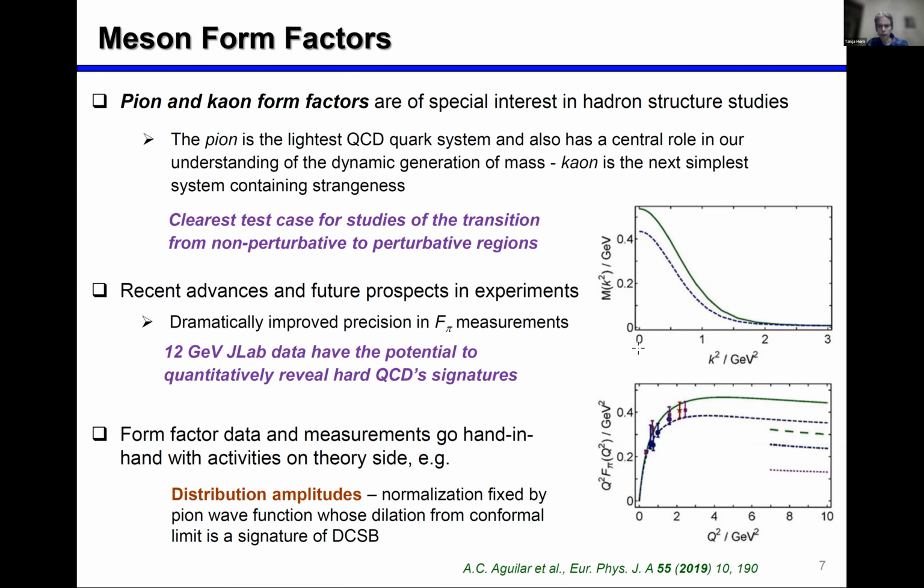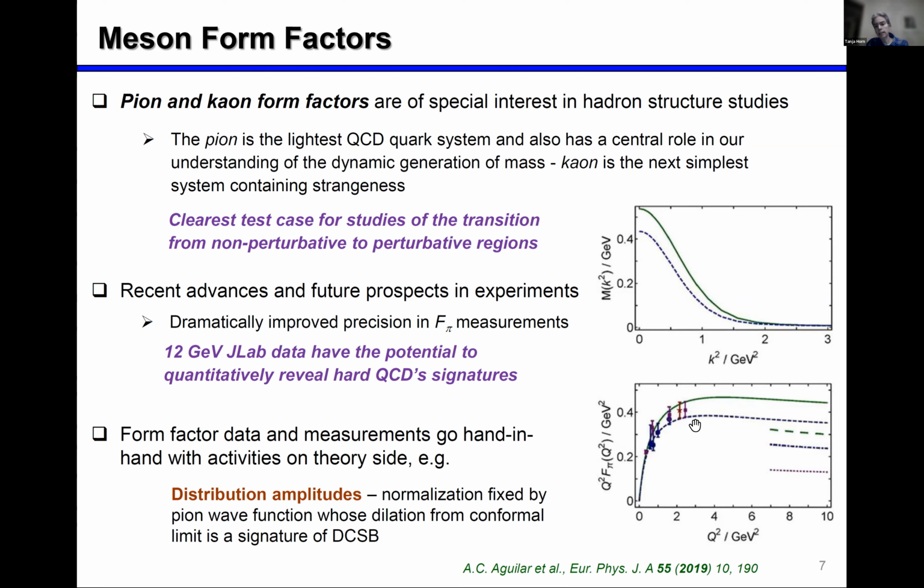This is a mass function for two different degrees of dynamical chiral symmetry breaking. So we have the blue dashed line here and the green line, again, two different degrees of this. And then shown below here is a calculation with these distribution functions, which feature, of course, in the extraction of the form factor. Distribution amplitudes are used, obviously, in calculating the form factors.